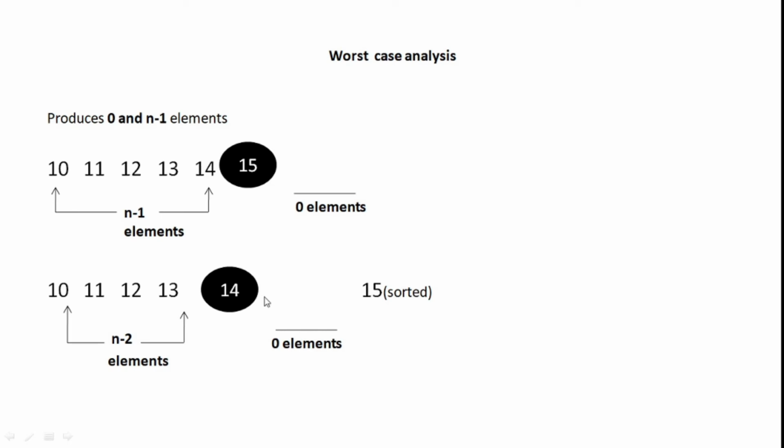See, wherever the pivot element is, the left side values will always be smaller than the pivot value, and the right side elements will always be greater than the pivot value, and the pivot will come at its correct position. This is the unbalanced partitioning because we are having 0 elements, and in each case we will have 0 elements, and also there will be some time taken.